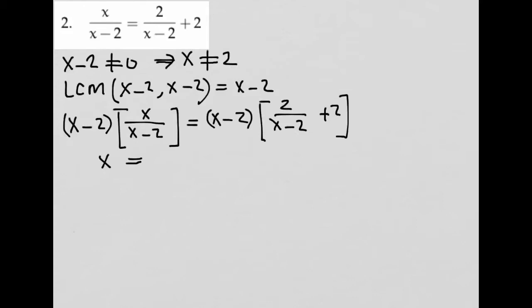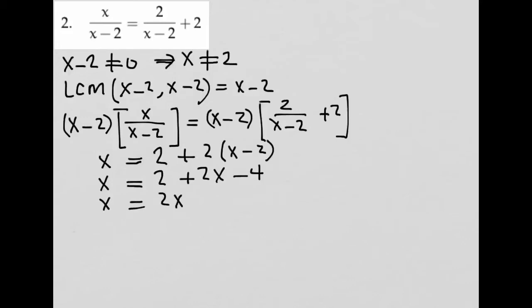On the right side, x minus 2 times 2 over x minus 2 is 2, plus x minus 2 times 2 is 2 times x minus 2. x equals 2 plus 2x minus 4. x equals 2x minus 2, which means minus x equals minus 2, and therefore x equals 2.